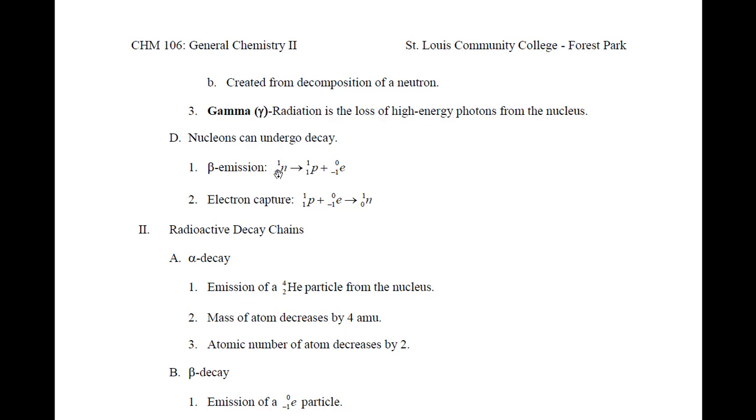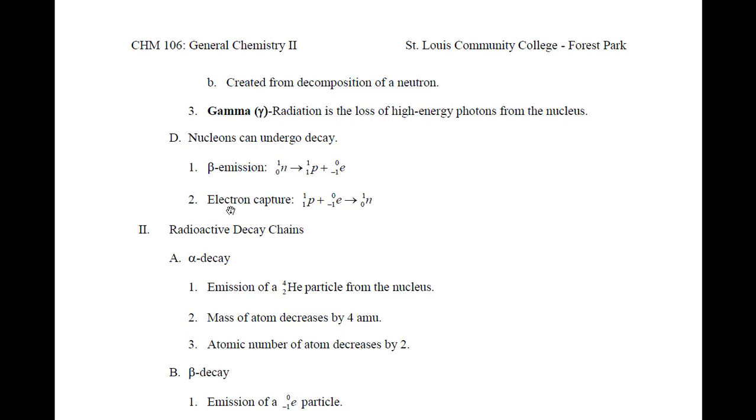So when a neutron decays, it becomes a proton and a fast-moving electron, which is ejected. The proton stays in the core, but the electron is ejected from the nucleus. So that's beta emission.